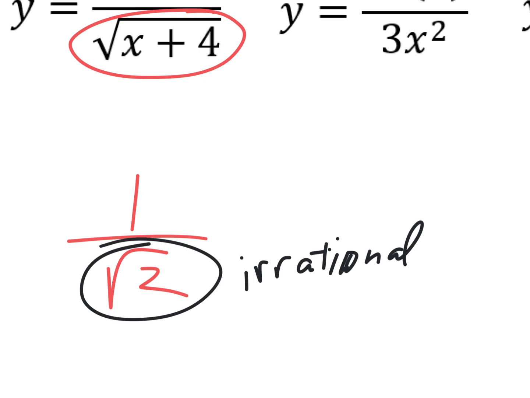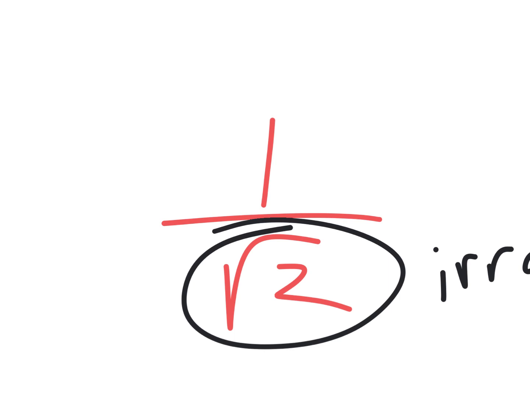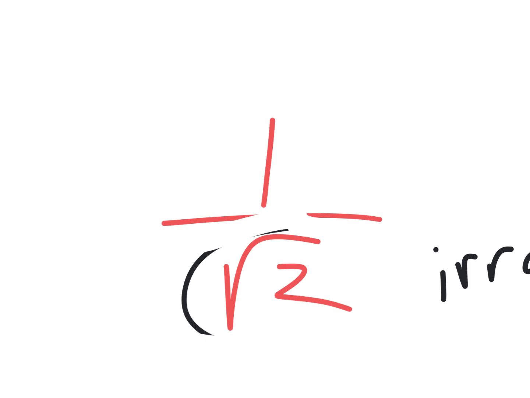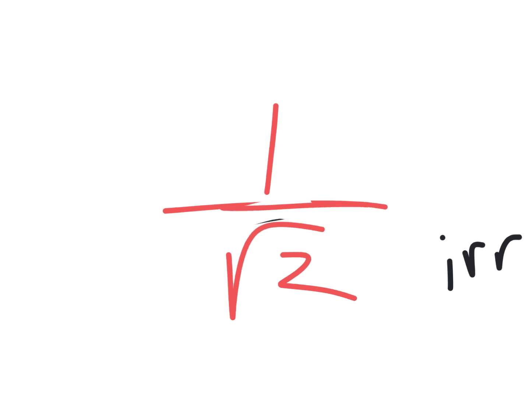So moral of the story is you can't leave answers with square roots in the denominator. Or can you? Okay, let me explain. It's kind of a technicality. So here's what I've found.